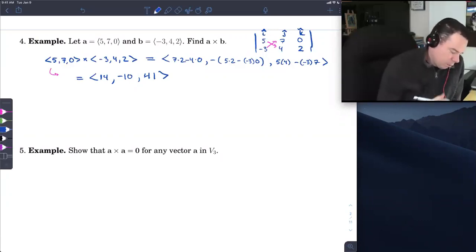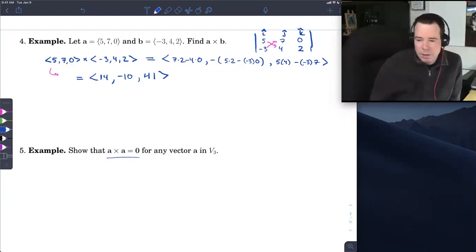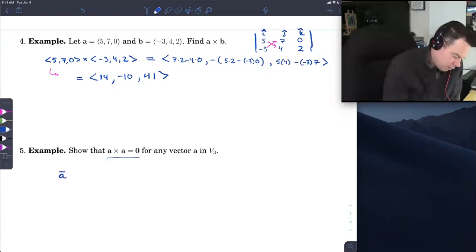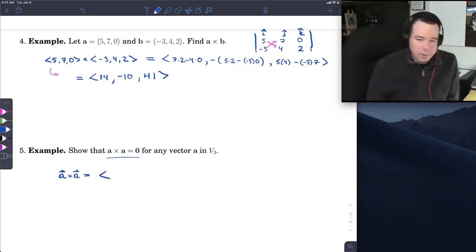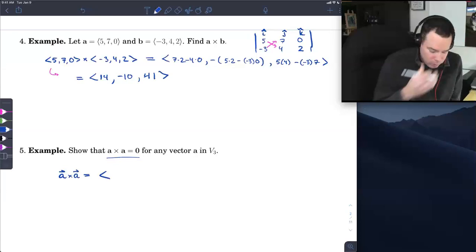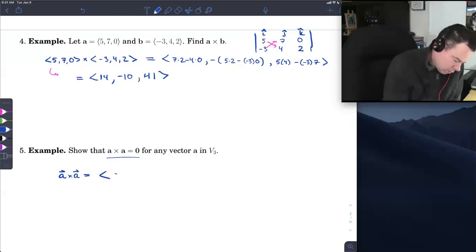The next thing we want to do is show that if you take a vector and you cross it with itself, then you're going to get 0 for any vector. So let's take a look at that. A cross A is equal to, and we'll write out what the product is: A2, A3 minus A3, A2.